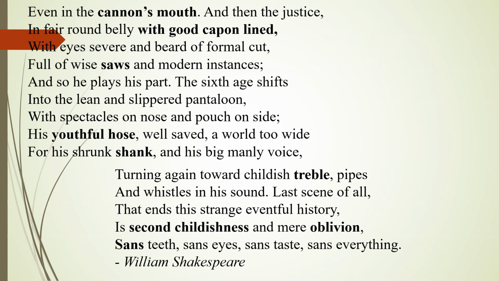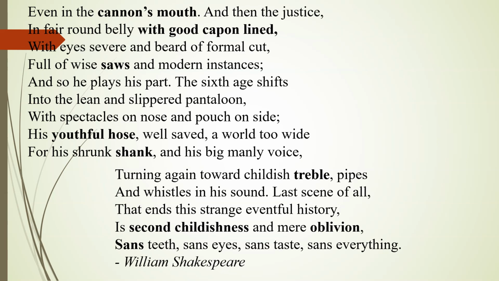I hope that everybody has understood this poem. Let me repeat all the ages once again. First age is infant, where the person is mewling and puking in the nurse's arms. Second age is a schoolboy, not ready to go to school. Third age is lover. They are always angry, unable to express their feelings, and that's why they don't get any success and are sad.